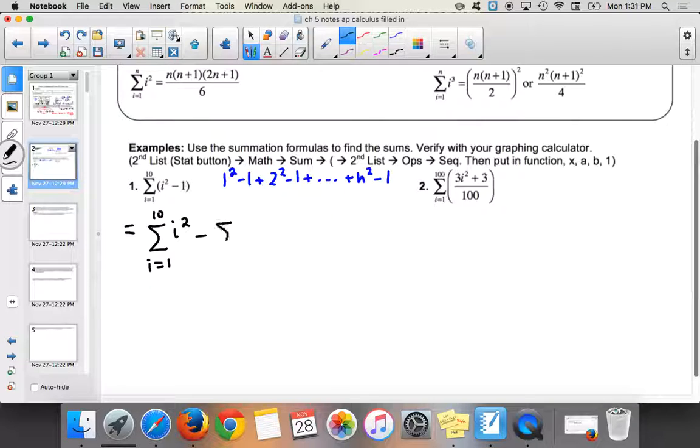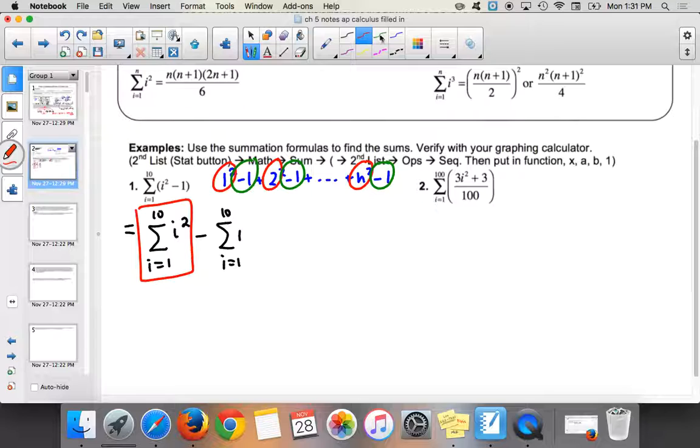So I'm going to do minus 1 in a sigma as well. You can see how that works? It's like moving things around. It's like writing all of these together and then writing all of these together. This was the red one. That was the green one. You see it?